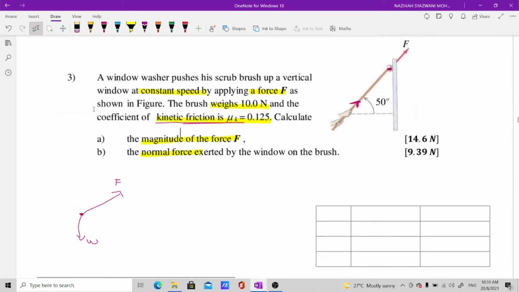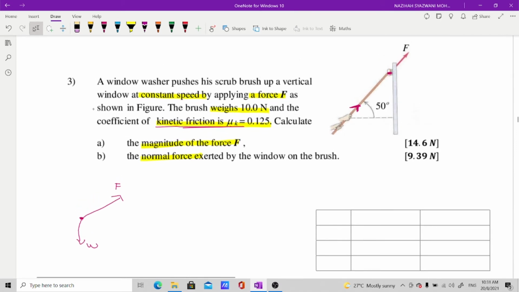As I mentioned before, the direction of the kinetic force will oppose the direction of motion. If I push the brush like this, in the y-axis the brush will travel upward. Therefore, the direction of the kinetic friction would be downward. So this one would be fK.